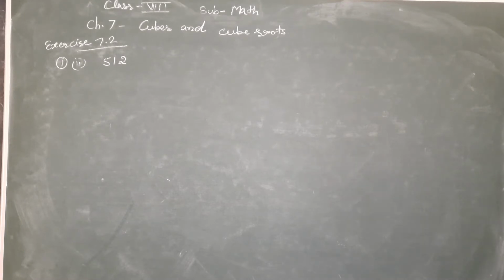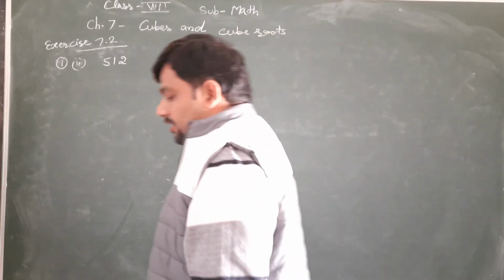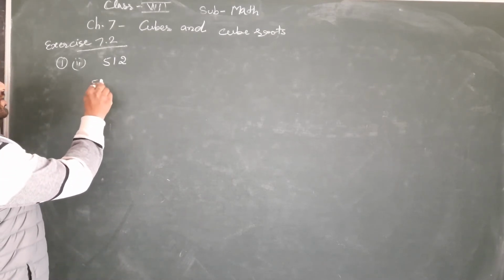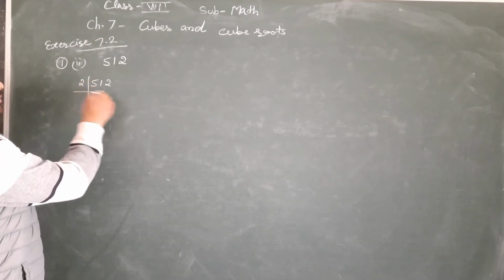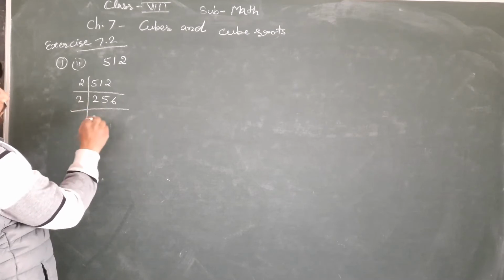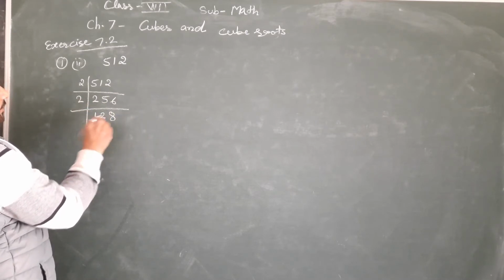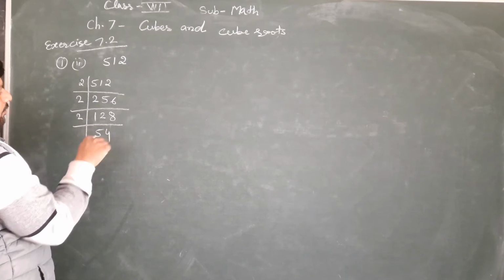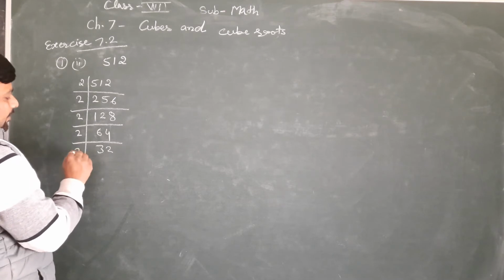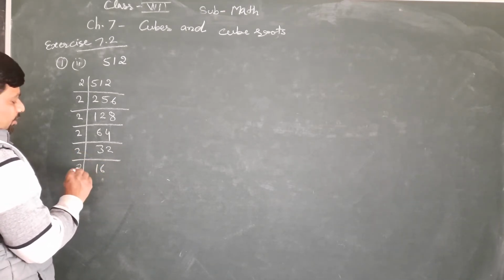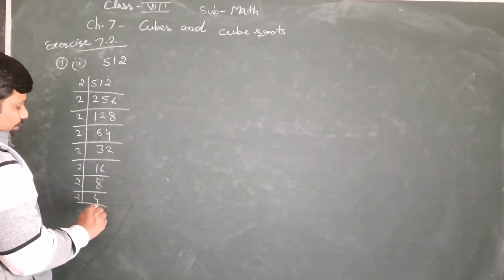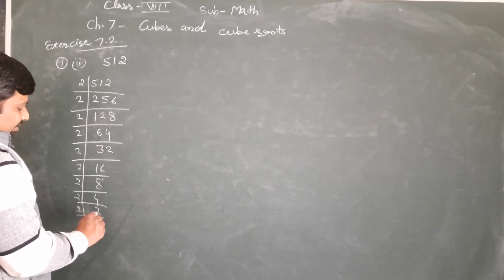In this part, question number 1, second part is 512. To find the cube root of 512, we will go for the factorization method. Divide by 2: 256, 128, 64, 32, 16, 8, 4, 2, and 1.